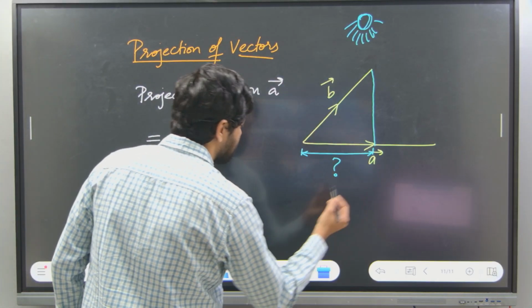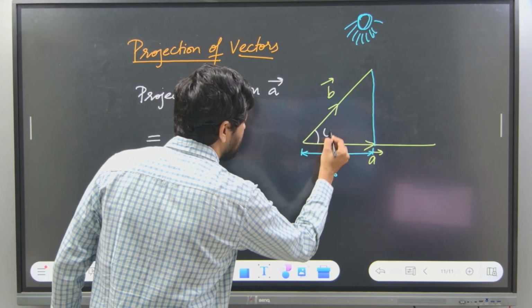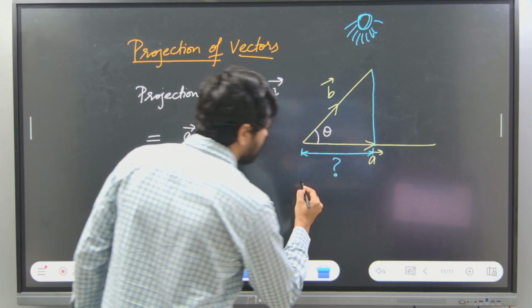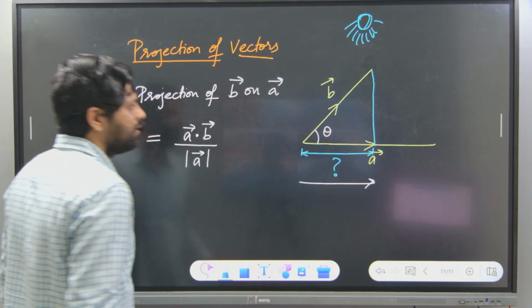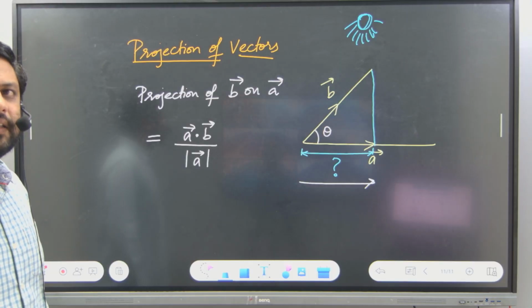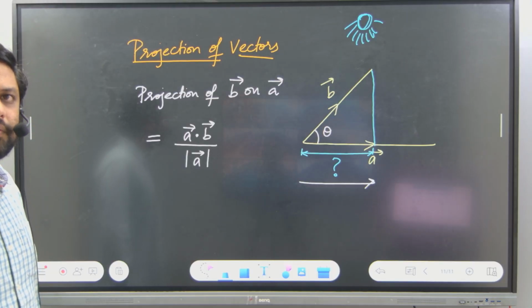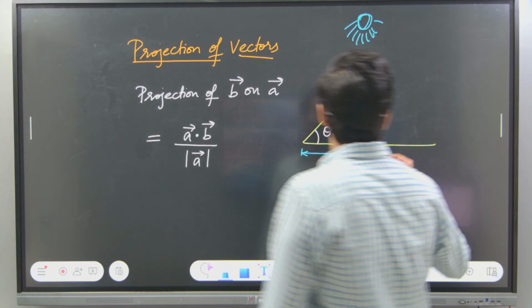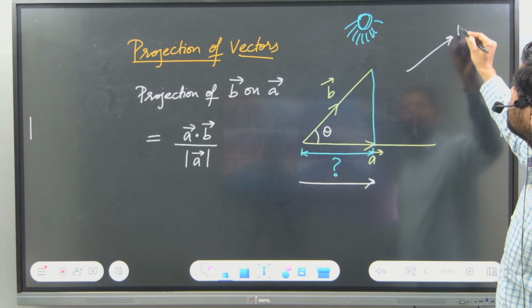See here, from physics you have learned, if this is theta, what is this particular length? B cos theta or B sin theta? According to physics, it's going to be B cos theta. You have done resolution of forces.